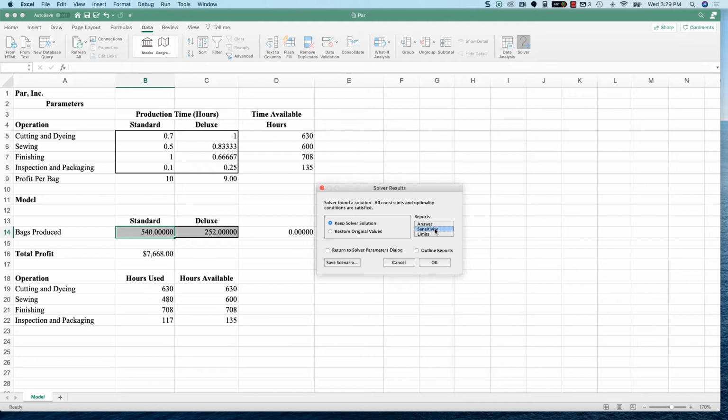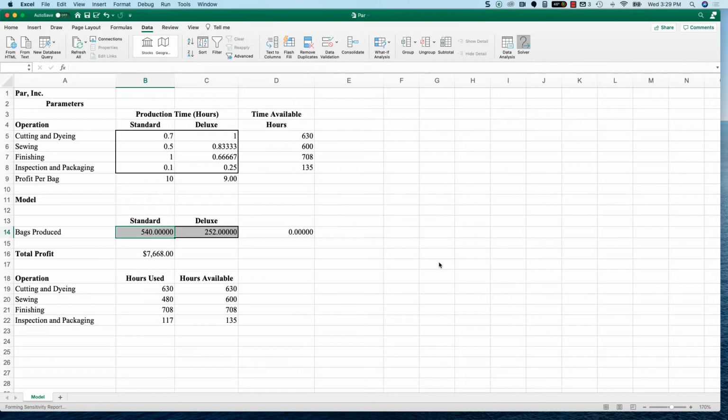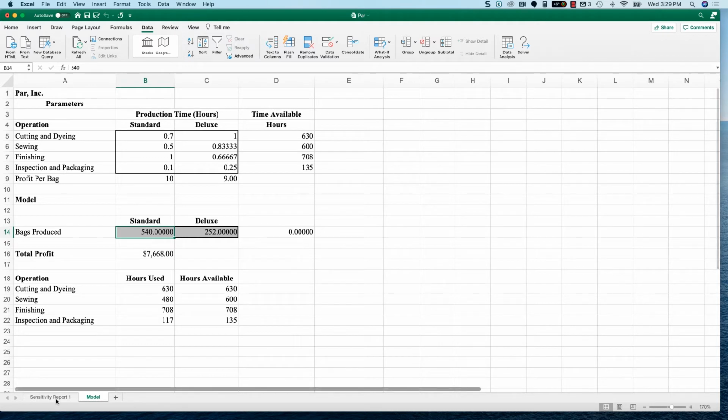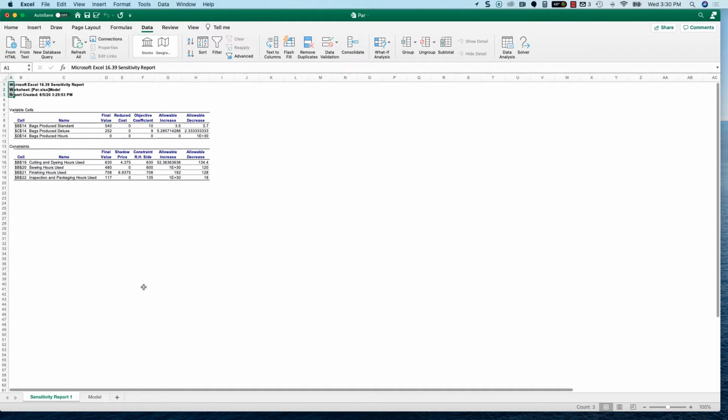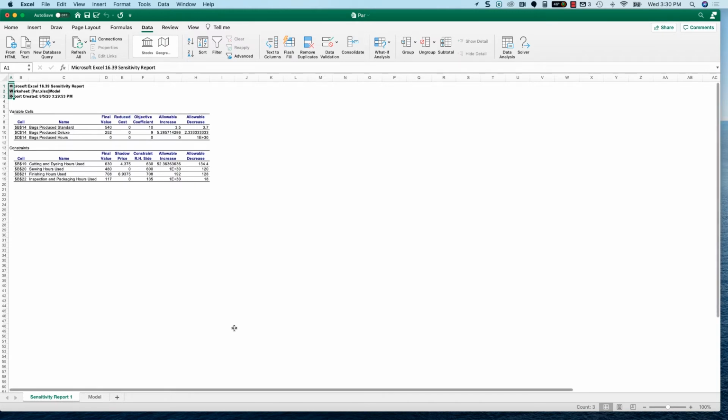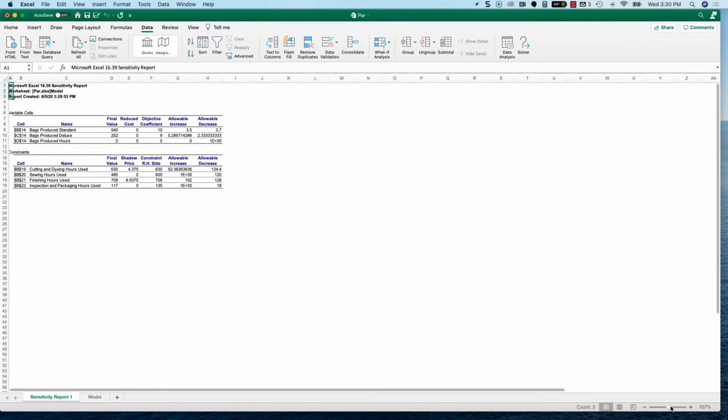So I'm going to choose sensitivity and select OK. Microsoft Excel creates a sensitivity report, and this is what it looks like.